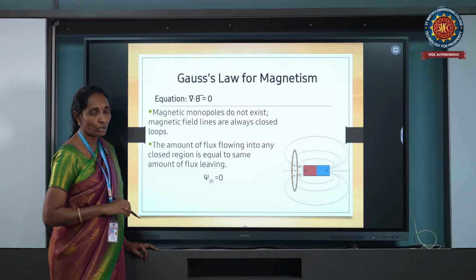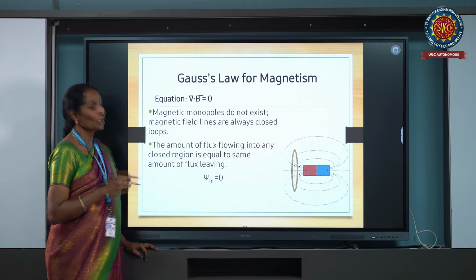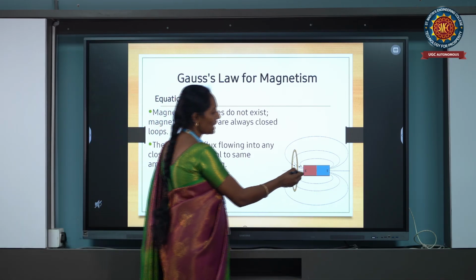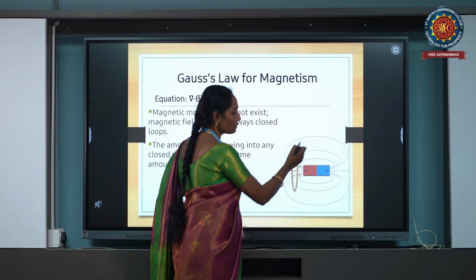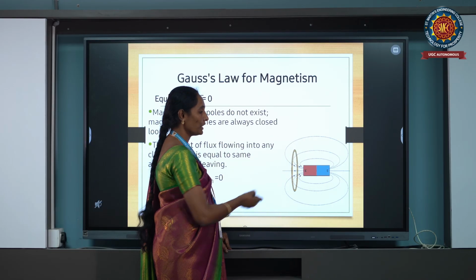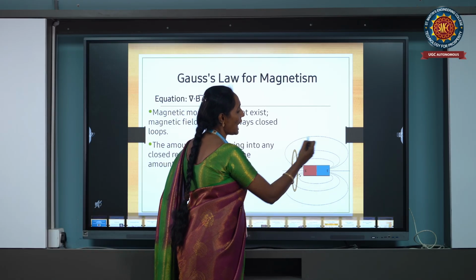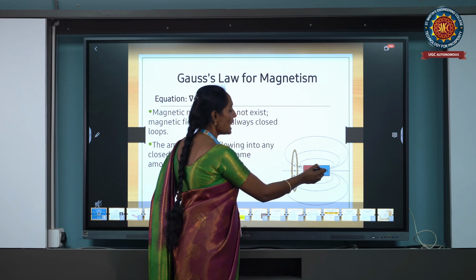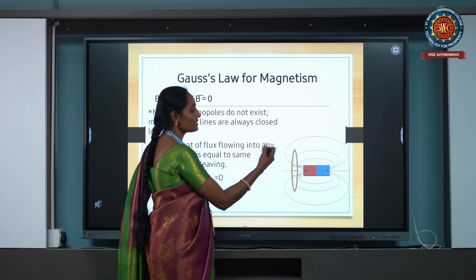According to the property, the magnetic flux is always a closed loop. Here there is a north pole and a south pole, and the flux always starts from the north pole and ends at the south pole, and internally it goes from the south pole to the north pole. So this is the property.